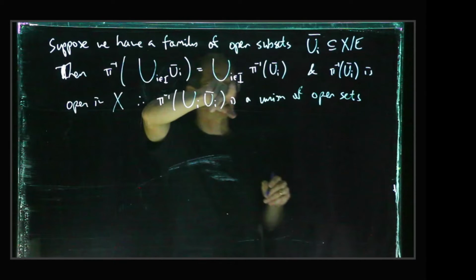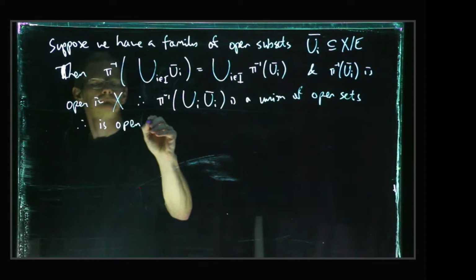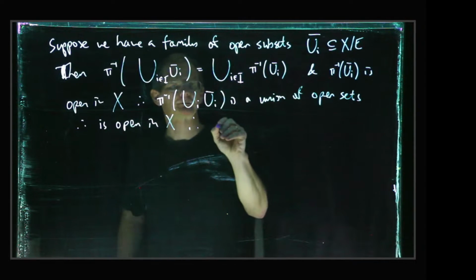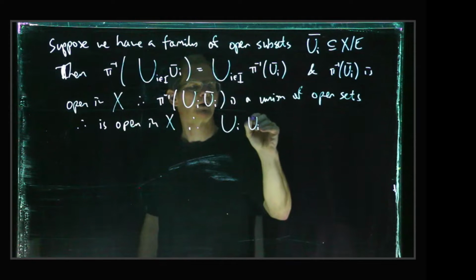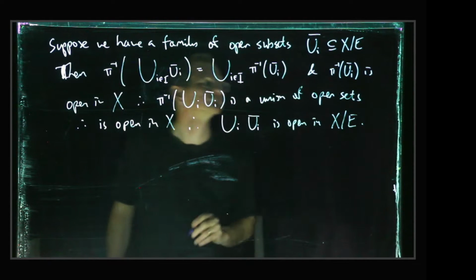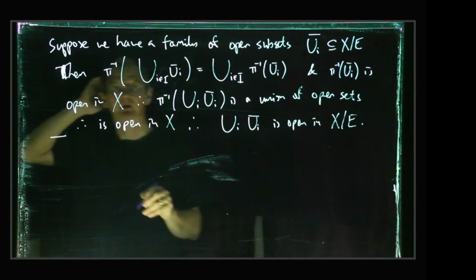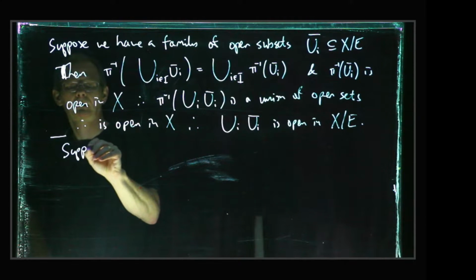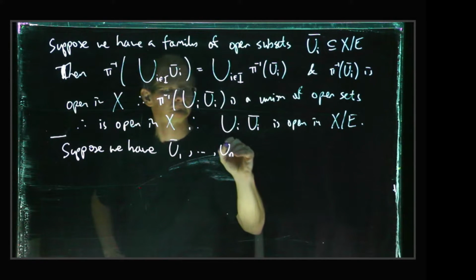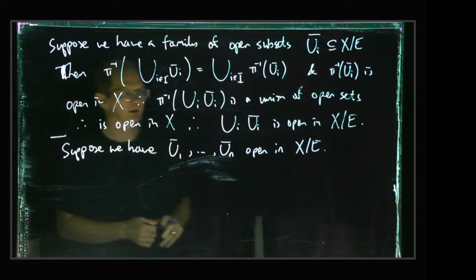It's equal to this union here, and each of these sets in the union is open, and that means it's open in X. And so this pre-image is open in X, and by definition of the quotient topology, that means that the union of the U_i bars is open in X mod E. And the story with finite intersections is more or less the same. So these are open in X mod E.